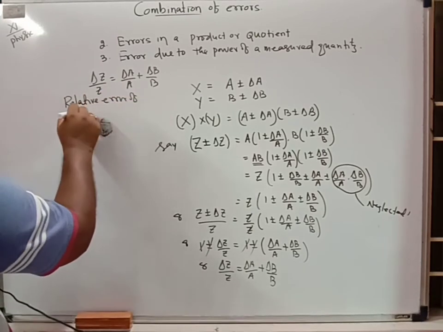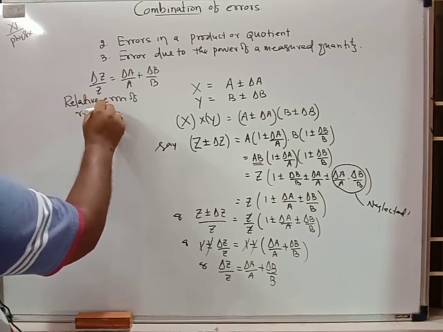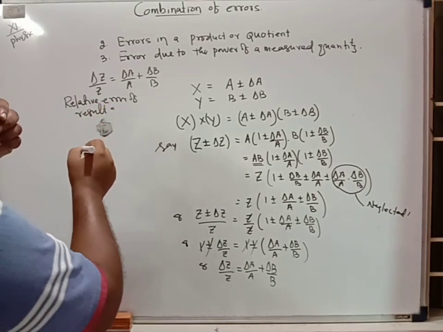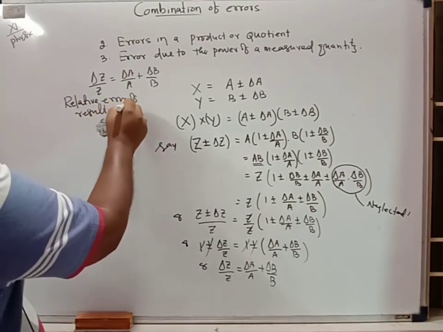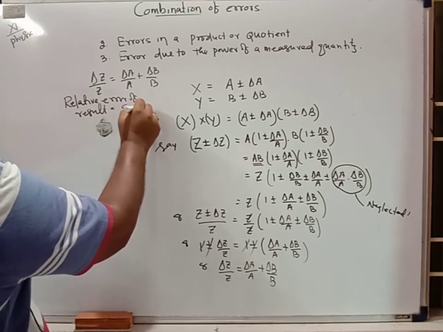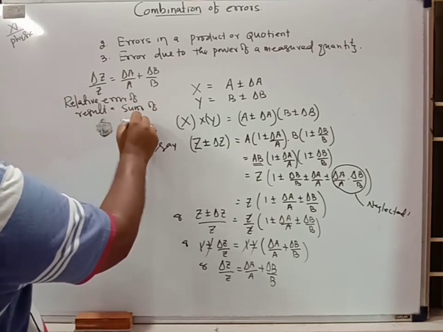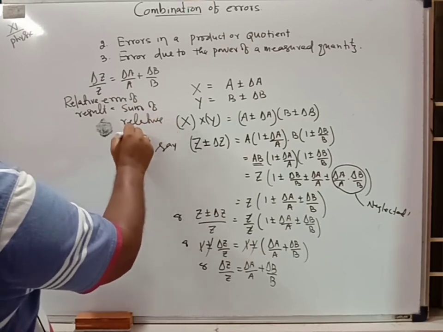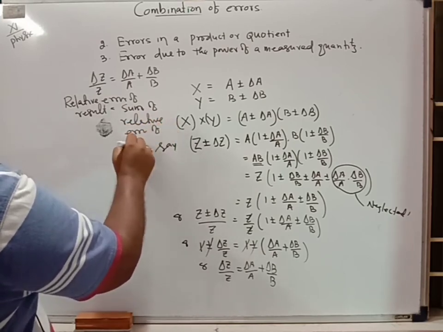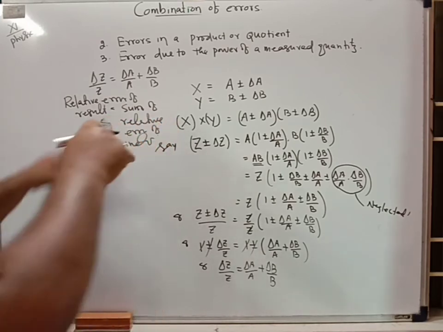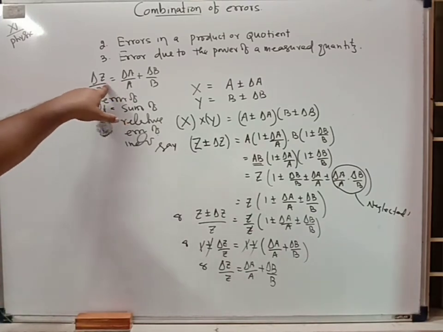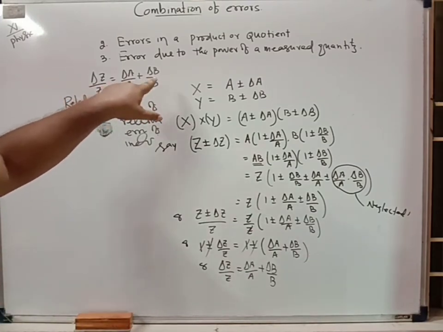The relative error of the result is equal to the sum of the relative errors of the individual quantities.